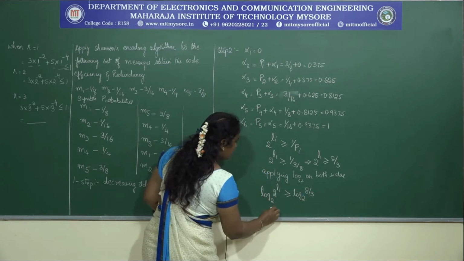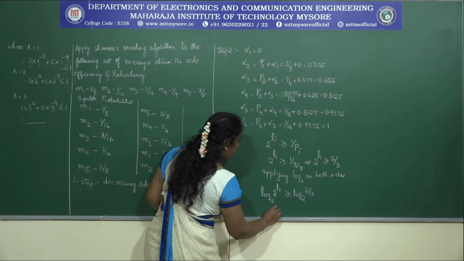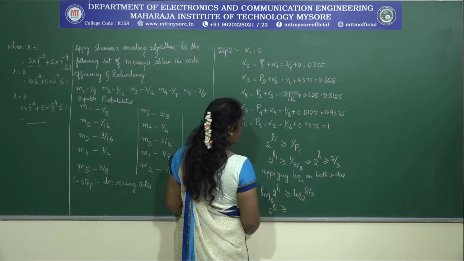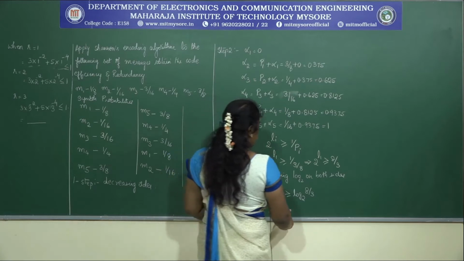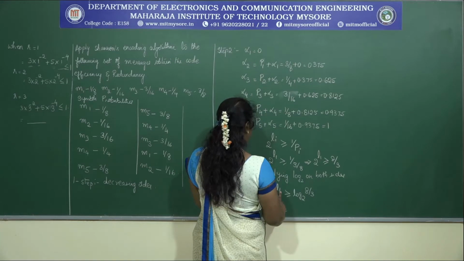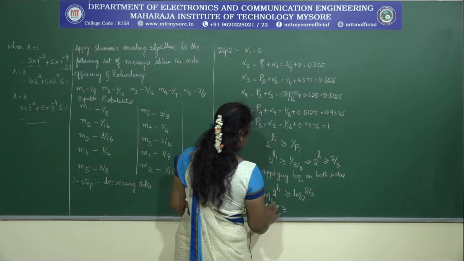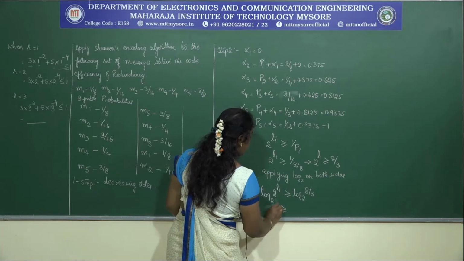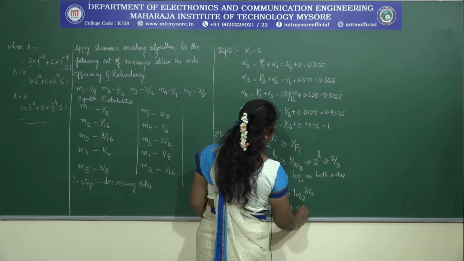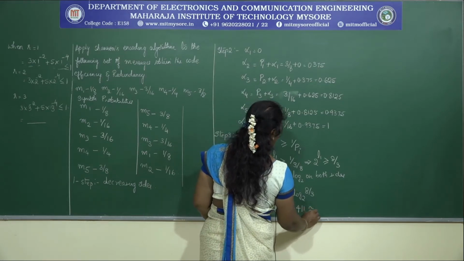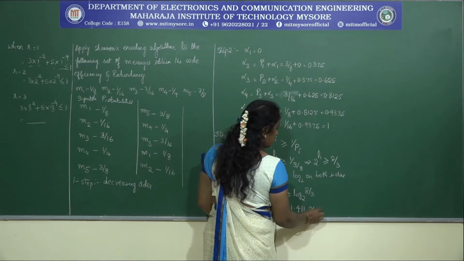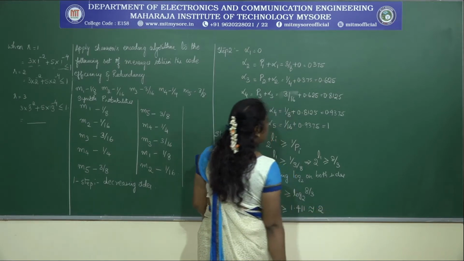If we simplify this, log base 2 of 2 to the power of L1 is L1, and log base 2 of 8 by 3 is 1.411. If you approximate this value, you need to round off to the next whole integer, so the value will be equal to 2.